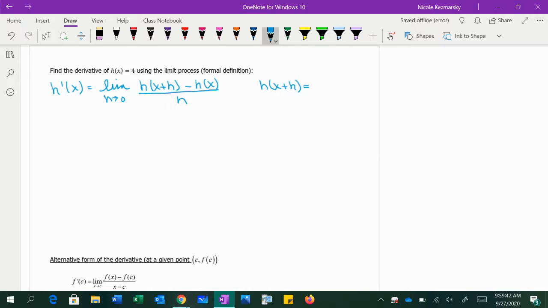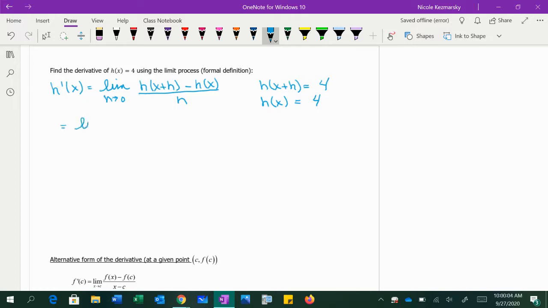So at any x value, a constant is constant because it has the same y value. So even at x plus h, the y value is 4. So h of x plus h and h of x are both 4. Okay, no x value to plug into.